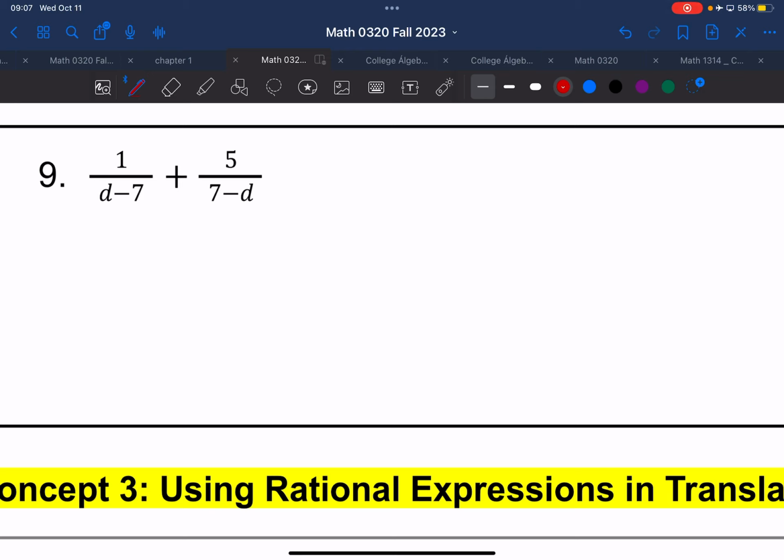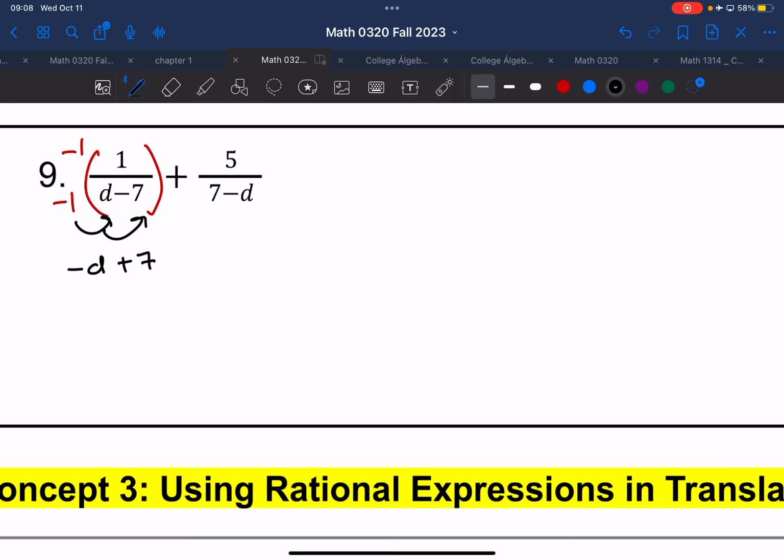Multiply by -1. So it doesn't matter which one we're multiplying by -1. So I'm just going to choose the first one. And when I multiply that by -1, I get -d plus 7. Okay.